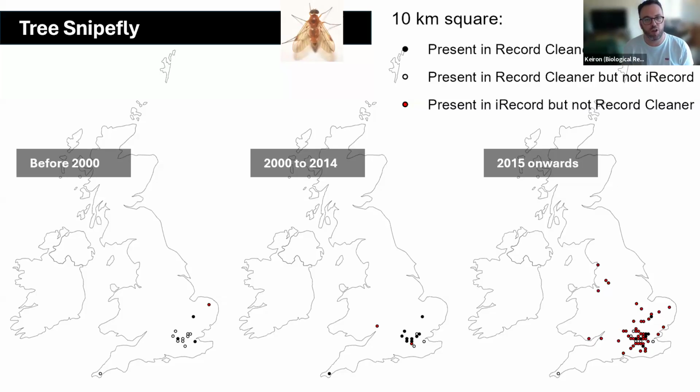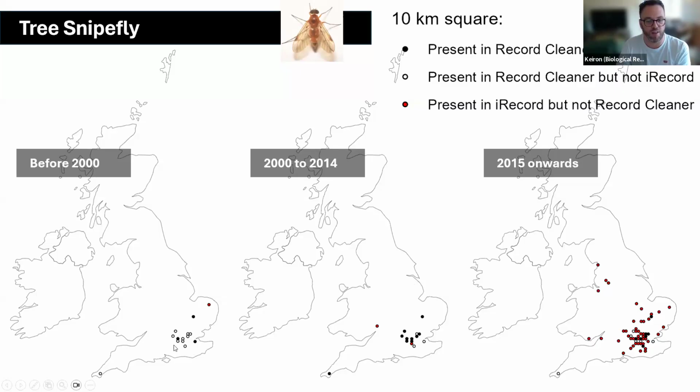So if we look at the year 2000 for the tree snipefly, the clear circles are where we have records for it that we use to inform Record Cleaner, but it's never been recorded in iRecord. And the dark black circles are where it's present in both iRecord and Record Cleaner.